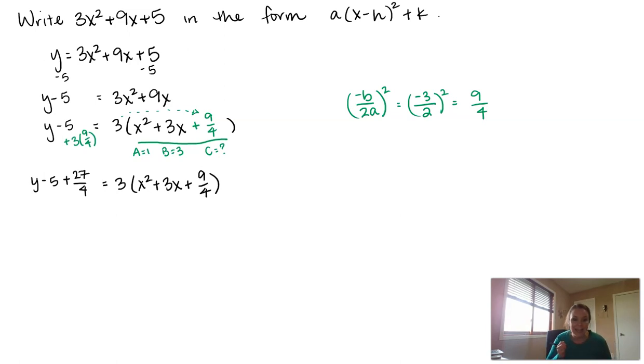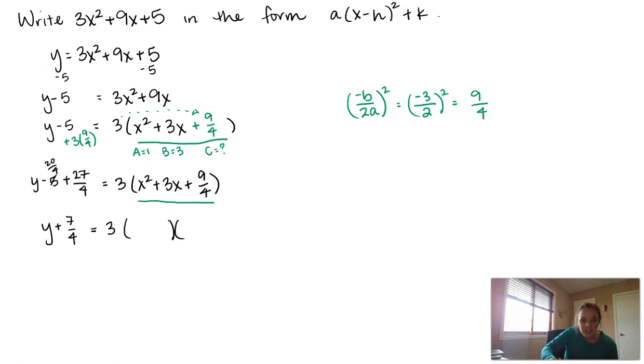All right, now what we need to do is factor the part that's in parentheses, this part here. And this should factor to what's called a perfect square. And so we've got this over here. And you know what? I'm going to go ahead. This is 20 over 4. So negative 20 over 4 plus 27 over 4 gets us 7 over 4, just to simplify that out.